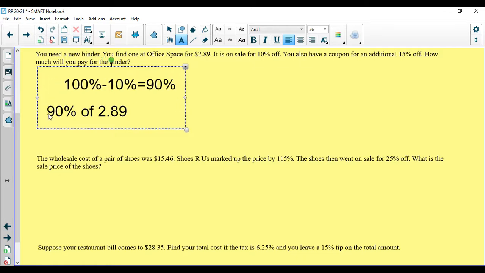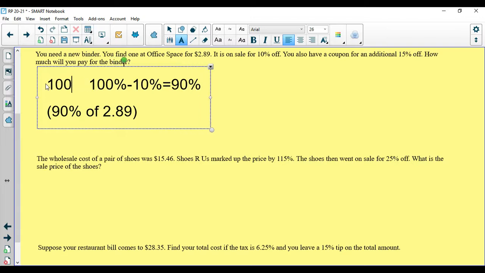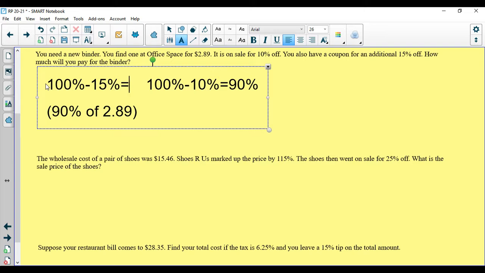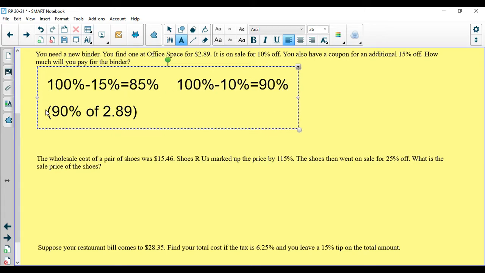This amount is 100% of the current cost. So I'm starting back at 100%. Then I'm going to take 15% away from that, and that gives me 85%. So that means I am paying 85% of 90% of $2.89.